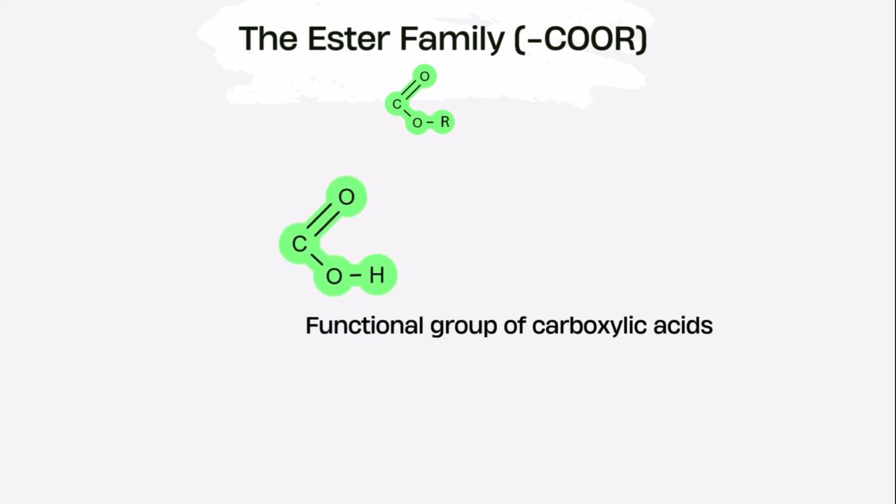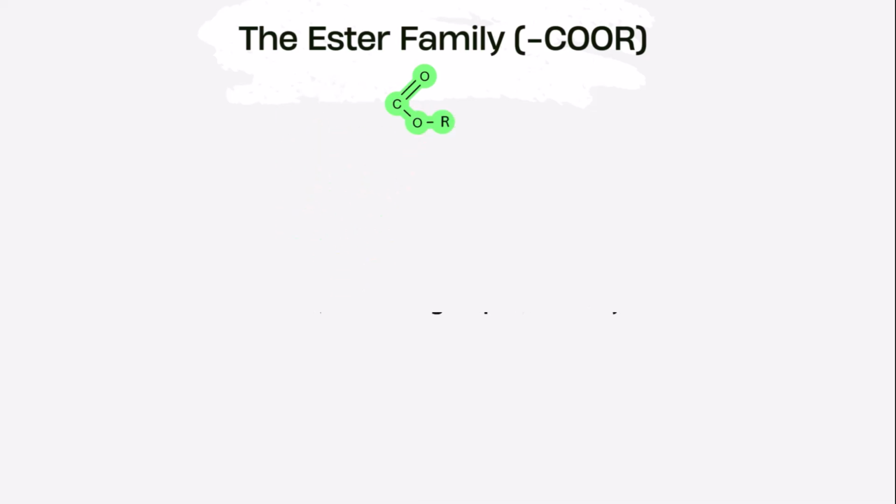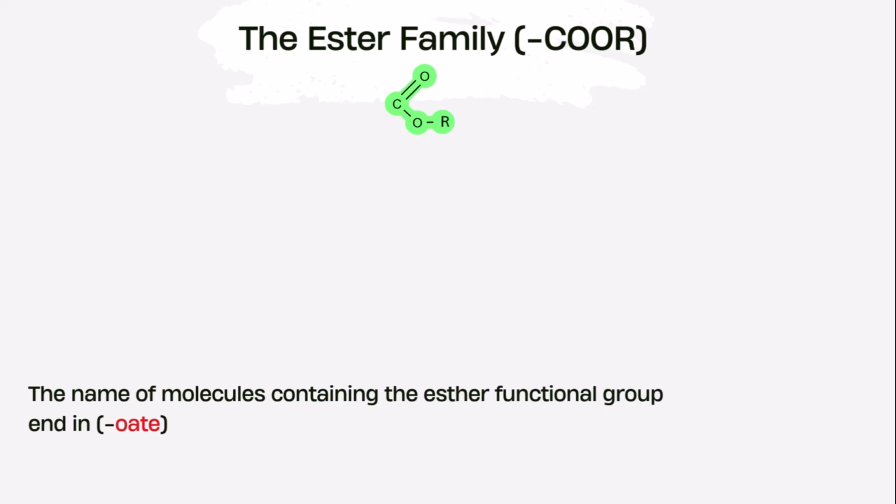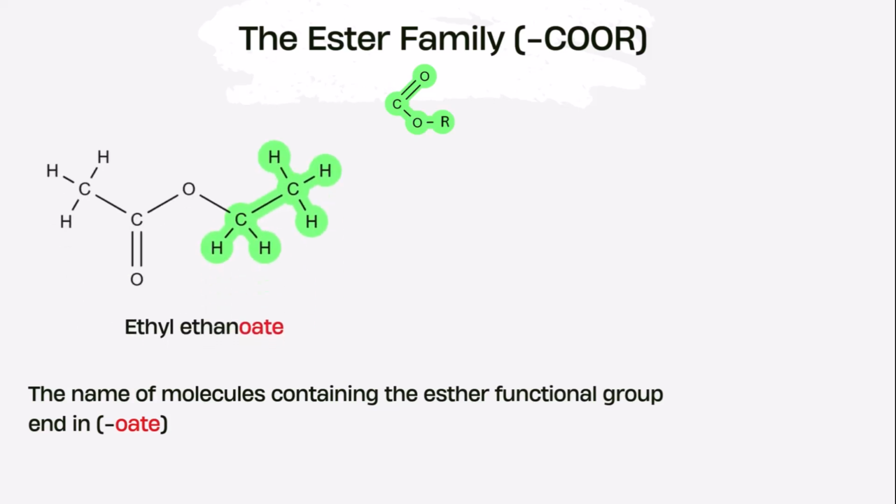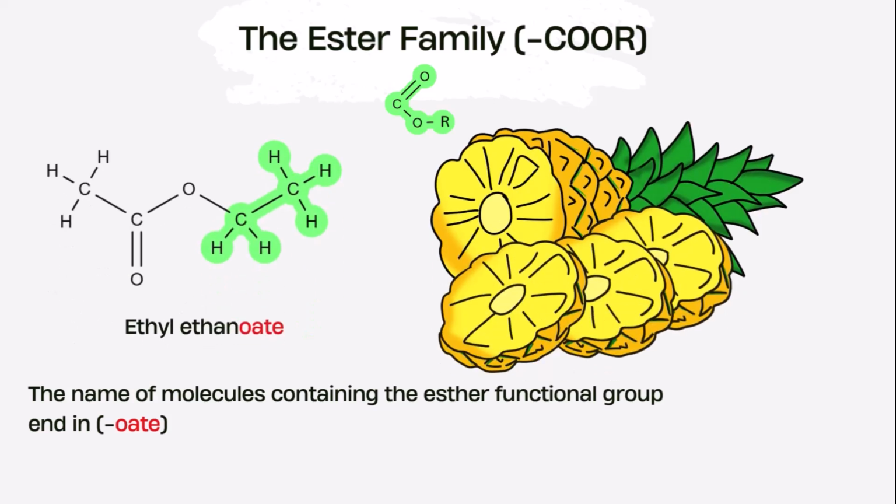Esters are actually derived from carboxylic acids, with the OH replaced by an OR group, giving them their fruity aroma. They have -oate as their signature ending, as seen in ethyl ethanoate, which smells like pineapple.